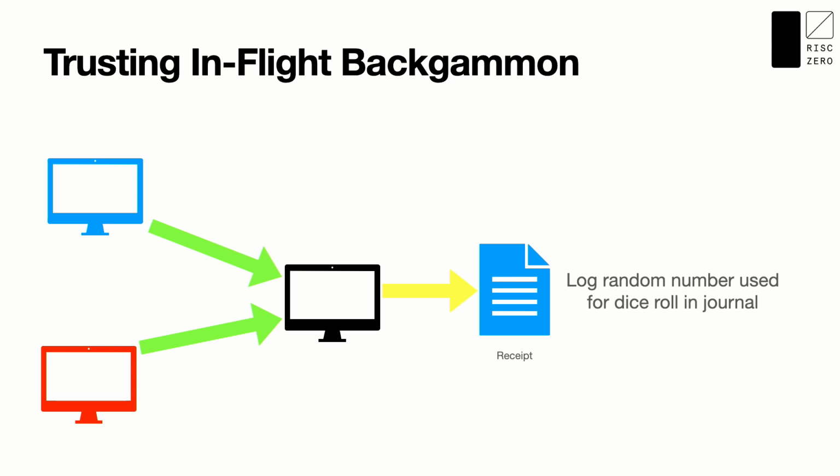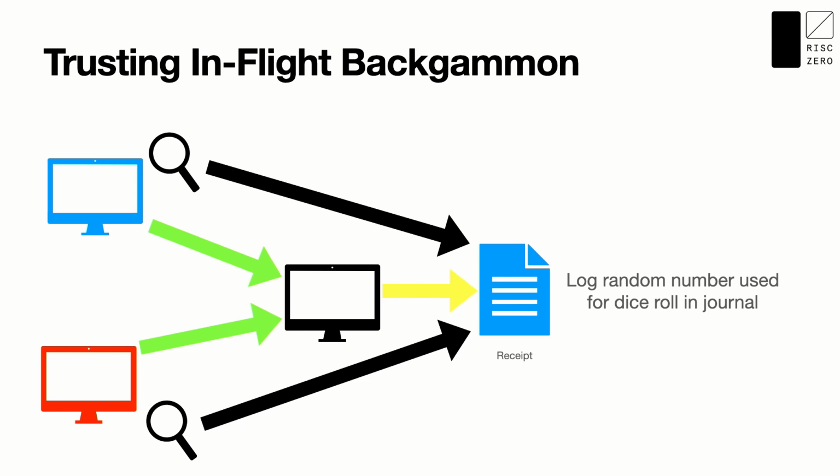So there might be more creative ways, such as the players themselves submitting their own random numbers, and maybe there can be some sort of game theoretic way to make interesting results so that the gameplay is more fair. And because the receipt is submitted, each of the players, assuming that they're on different nodes, can verify the computation to say, hey, this is a correct and desired outcome of the game.